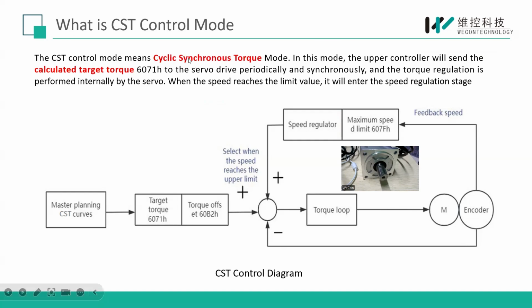In this control mode, the controller will send the target torque to the driver, and then the driver will output a certain current to get a certain torque on the motor axis.